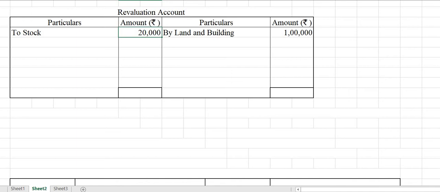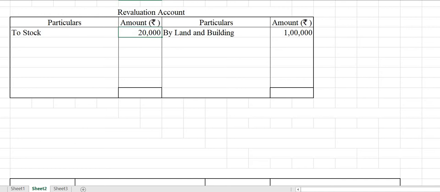Then the next adjustment says that provision for doubtful debts is to be written back. Provision for doubtful debts is a liability. That is provided for giving in future. So that liability is to be written back since all the debtors are good.